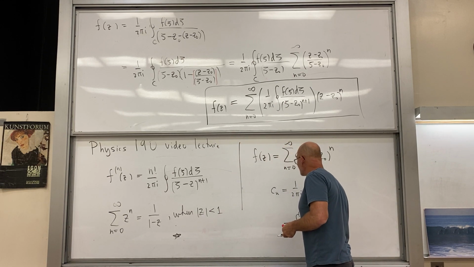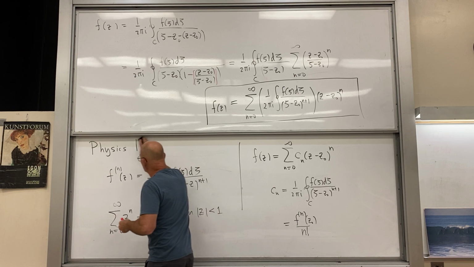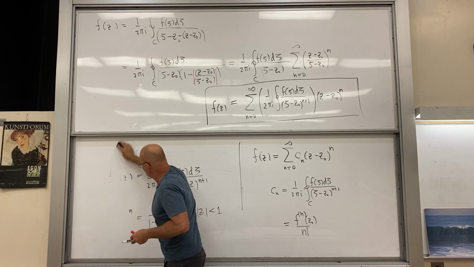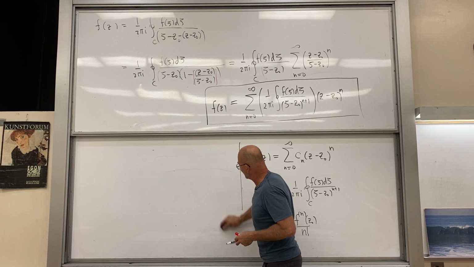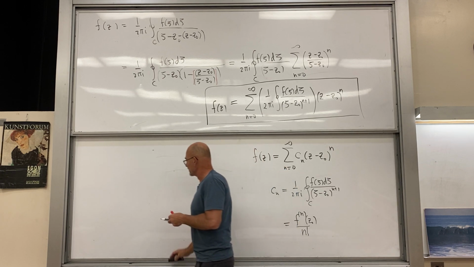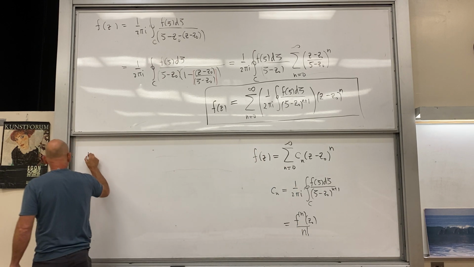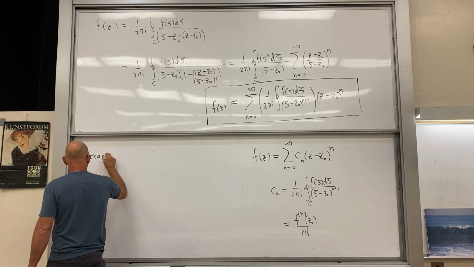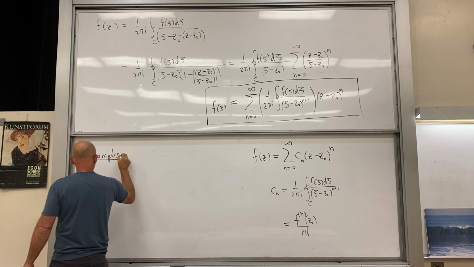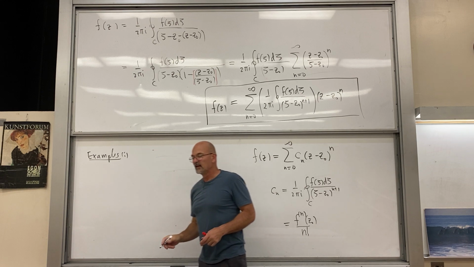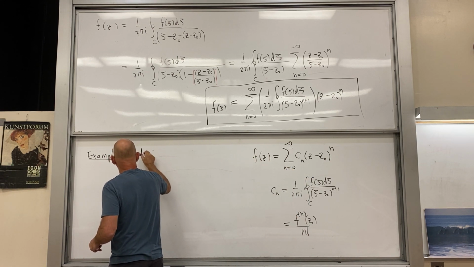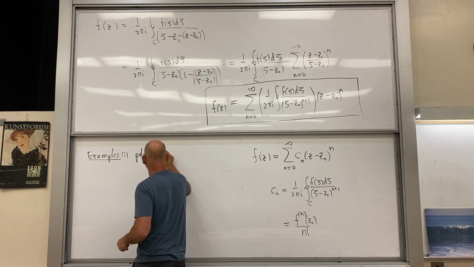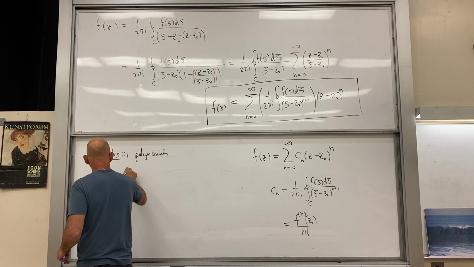And if you need some examples, just take your favorite functions. You've got your exponential, your sines, cosines, etc. So just to make sure that we have some examples, all your basic polynomials come under that.